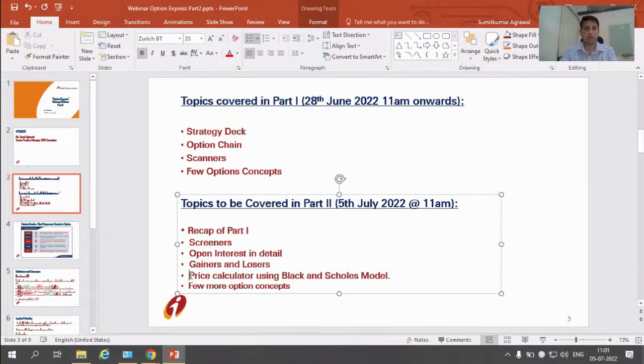Next comes the price calculator. This is a very handy tool for options traders, where they want to understand what will be the price of a particular strike price option. Let's say, for example, in 2 days' time, when the market reaches so and so number.